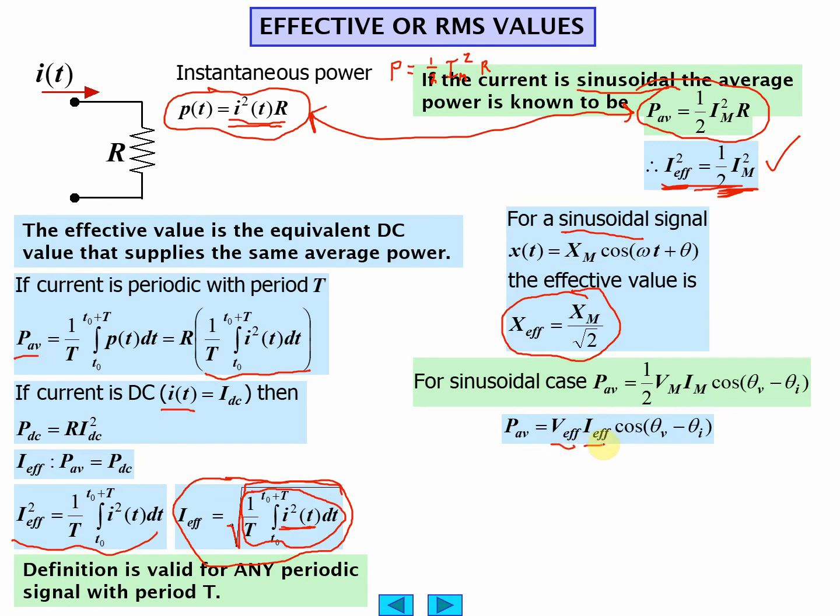You often hear, instead of effective, the term RMS a lot. And of course, this is the difference in the phase angles between the two. Effective, RMS, excuse me, root mean square.